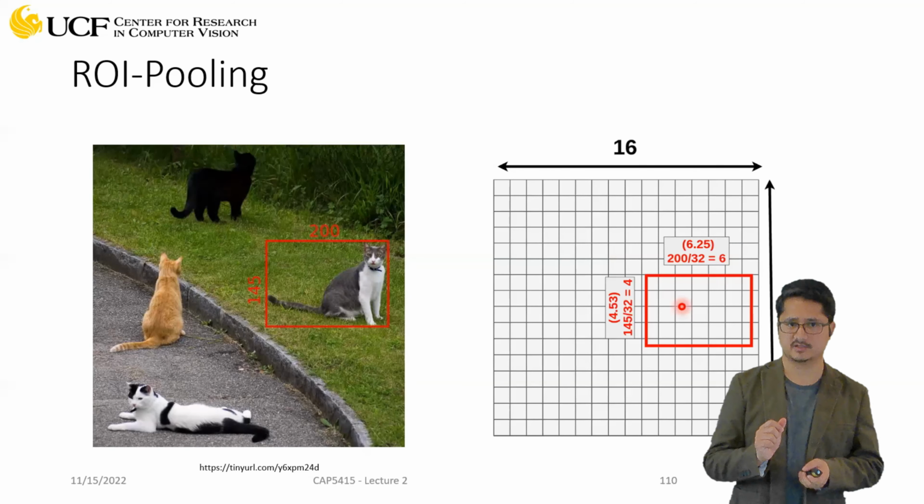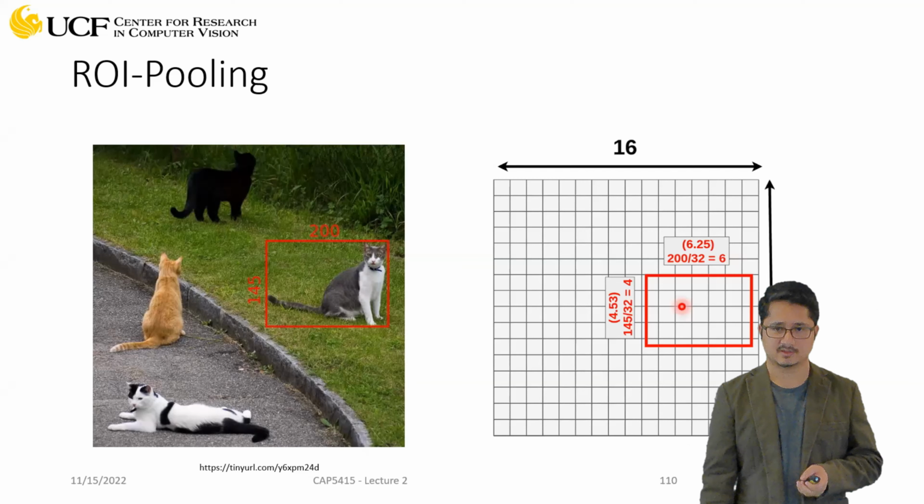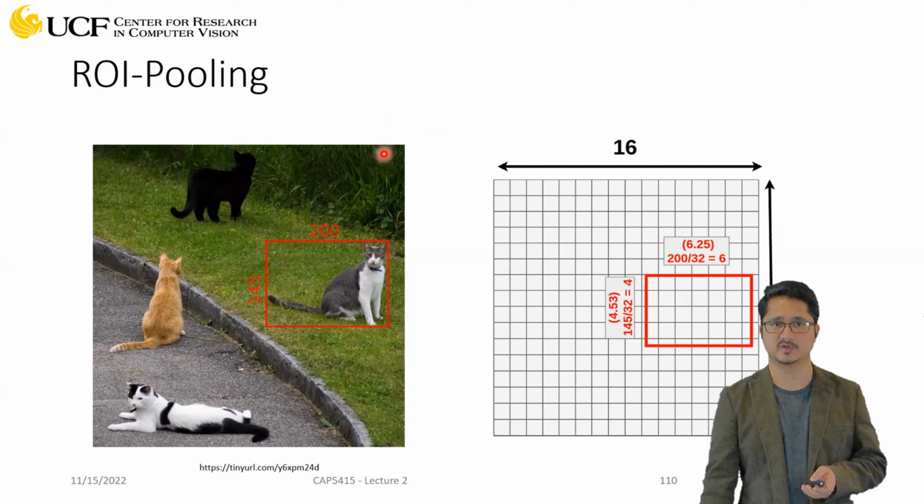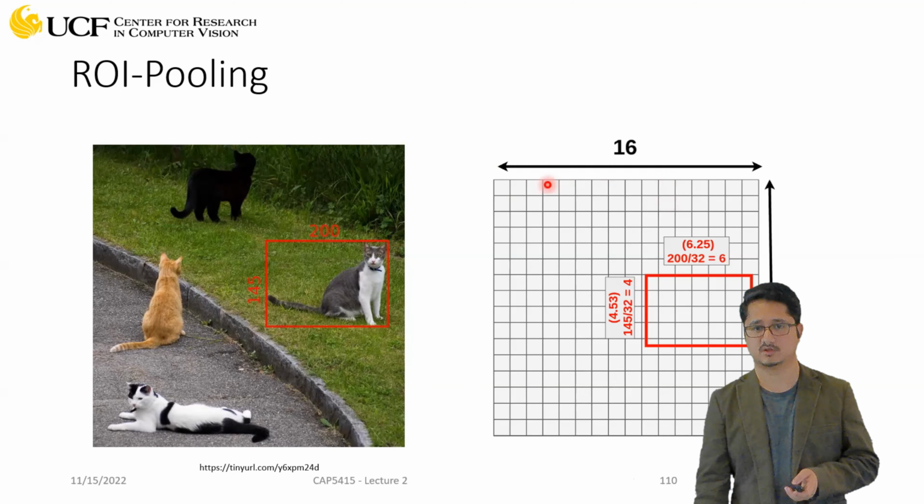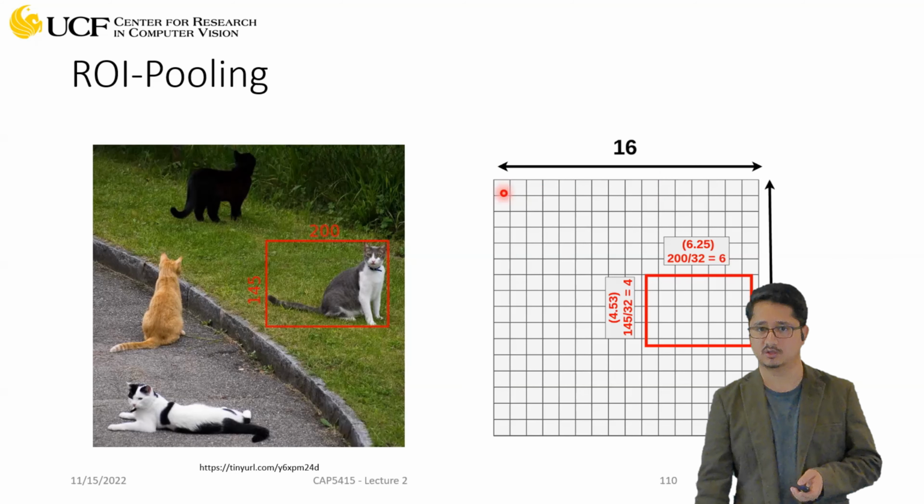Now, the tricky part is, since the resolution of your image has reduced a lot, each location in this grid actually corresponds to multiple pixels. And because of that, this bounding box will not perfectly align with this grid.